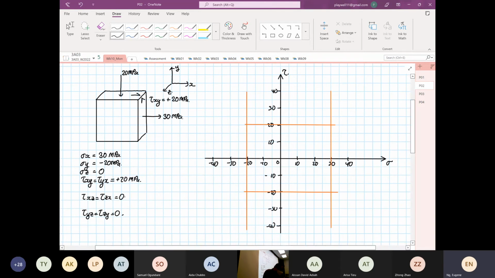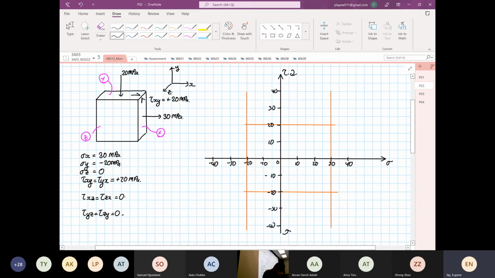So I'm going to label this as usual: point X, point Y, and this is our point Z. For point X, the rotation of the element, this is clockwise, and over here is anti-clockwise.